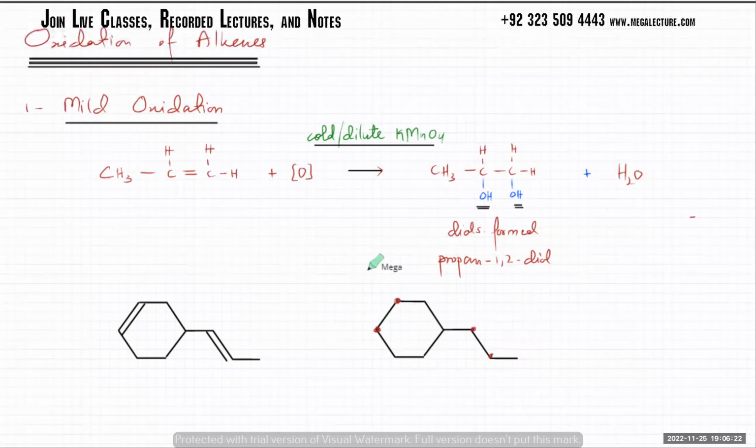So there would be OH groups that are going to get attached to these carbon atoms. और यहाँ पे भी यही होगा, ठीक है? So diols are going to get, अच्छा, diols are going to get produced, ठीक है? Is that clear?